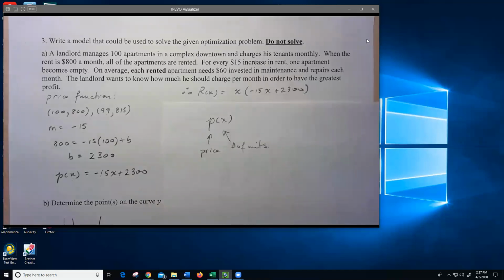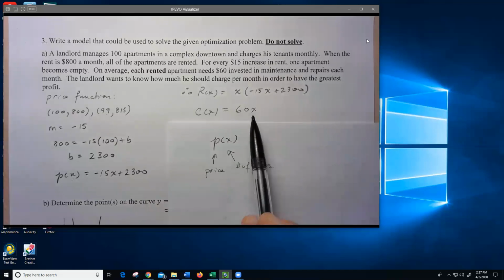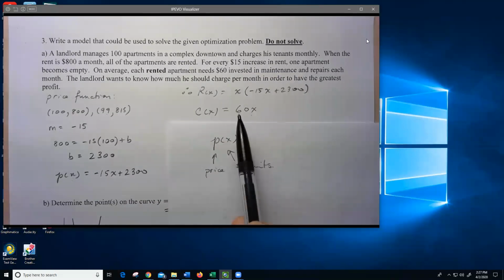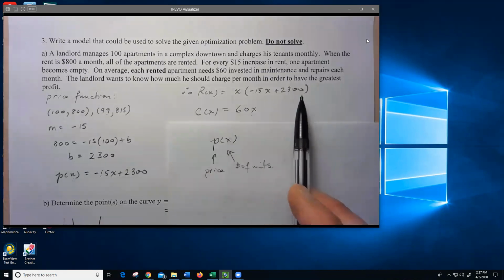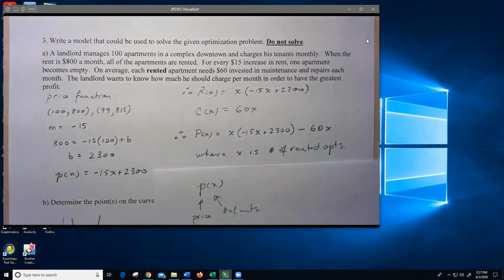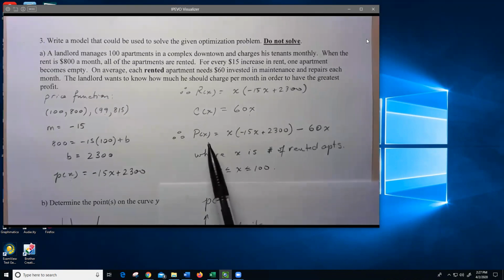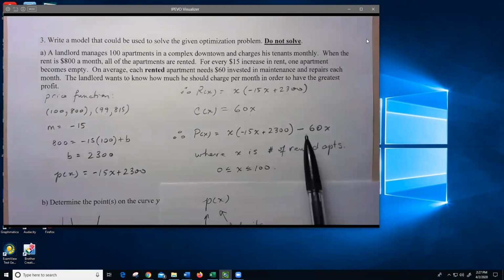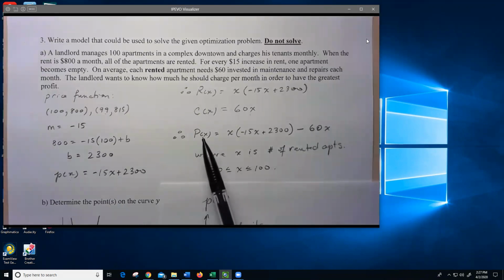That means that for every unit that I have, I'm paying $60 in costs for that unit. And so now I have my revenue, I have my cost, and I just have to subtract them to get my profit. So revenue minus cost is my profit function, in terms of one variable.